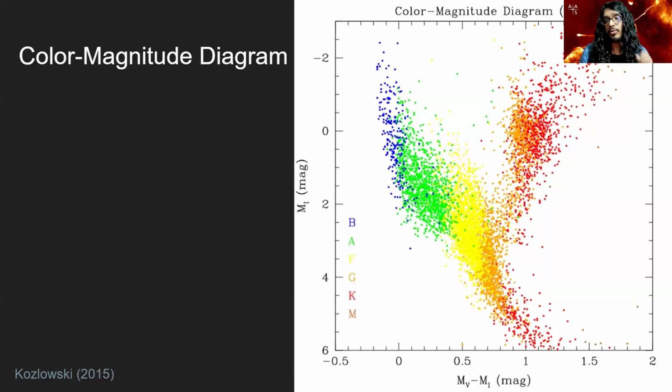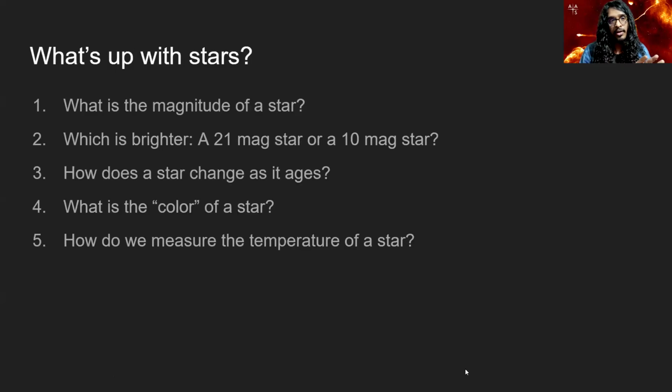And the color, once again, is a substitute for temperature. And hottest stars lie to the left, and coldest stars lie to the right in the color magnitude diagram. This is actual data from a project plotted on a color magnitude diagram.